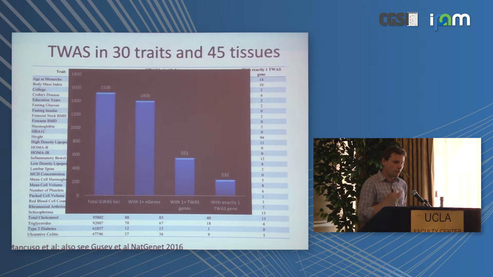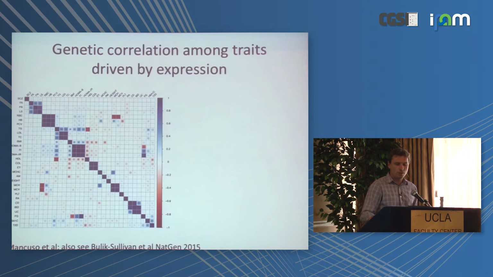Now you can just keep on doing these things and tally up all these numbers, but that might not be that interesting if your goal is not just to come up with gene lists. Another thing someone could do is try to correlate genetic or complex traits through the gene expression.